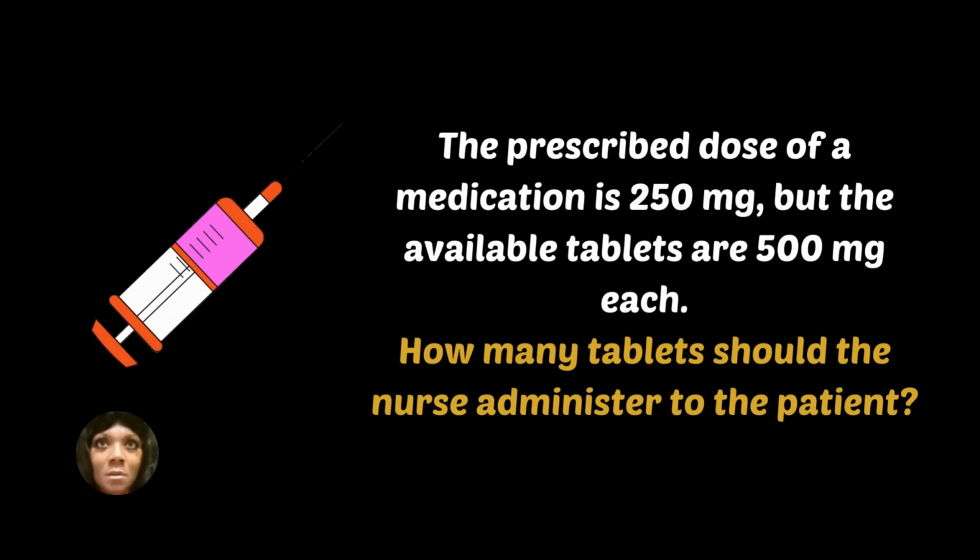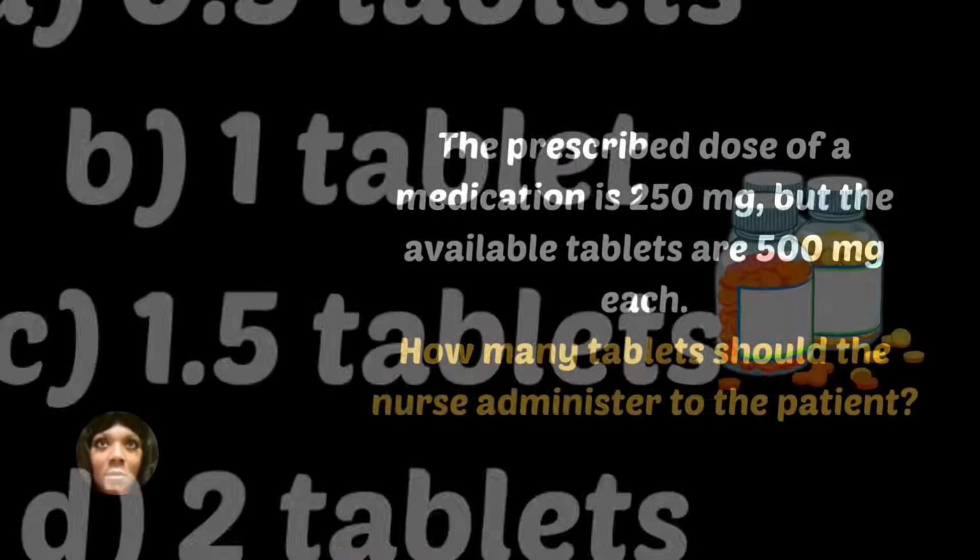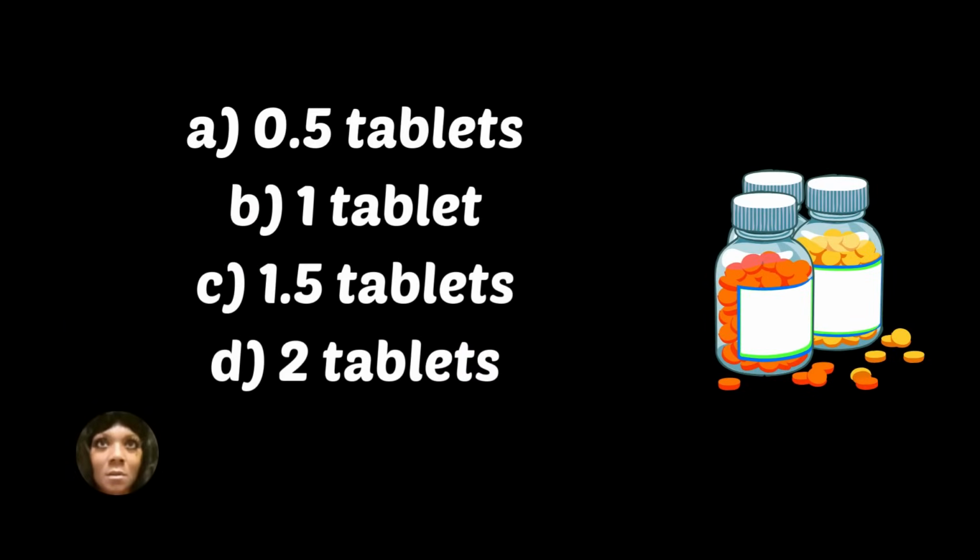The prescribed dose of a medication is 250 milligrams, but the available tablets are 500 milligrams each. How many tablets should the nurse administer to the patient? Is it A, 0.5 tablets, B, 1 tablet, C, 1.5 tablets, or D, 2 tablets?